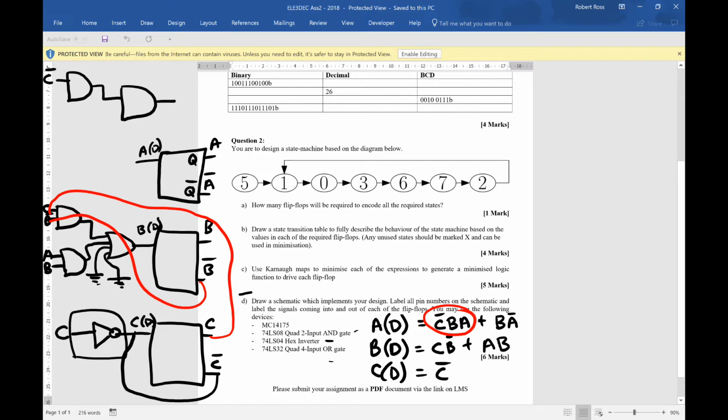So, not C, B, and A. And the output there will be like that. Okay? Then obviously we'll have our other one. That will feed into an OR gate, and that will feed into here. And so this would be BA.